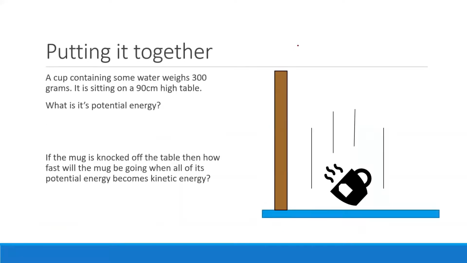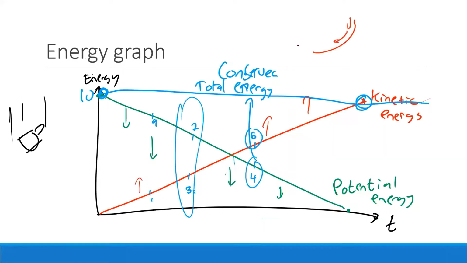That can give us an idea of how much energy it has just before it hits the ground, when all of this potential energy is kinetic energy. And I showed you this graph, which is just an idea to think about how the energy transforms over time. As the mug falls downwards, it picks up speed, and so the speed energy goes up, but the potential energy goes down, but the total energy is always the same because energy is conserved.